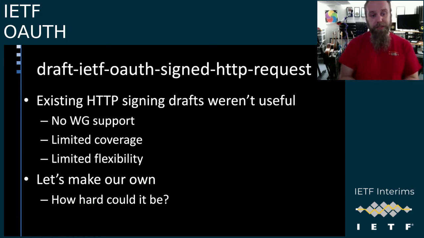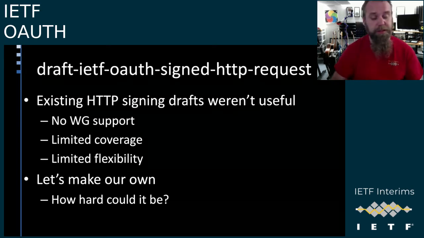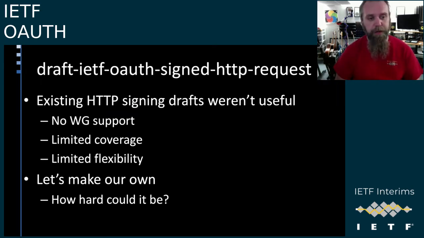The reason I picked it up was that there were some existing HTTP signing drafts out there, but they weren't really directly useful for our purposes. The Cavage draft, and I think Yaskin had a draft at that point, or at least eventually did within this time frame. None of those had working group support.